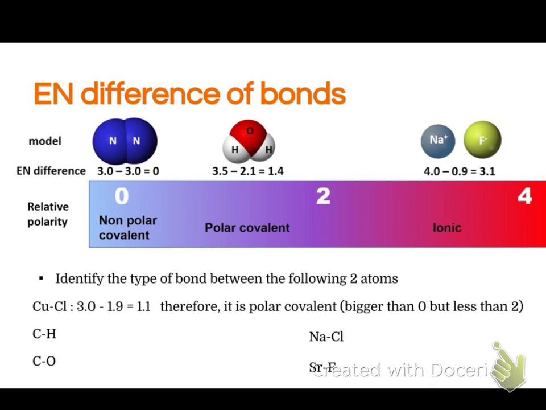Now, the thing about it is it's not a clean cutoff. It's not like at 2 there's suddenly some sort of switch that happens where now it's ionic and it wasn't before. This is a gradient, so you go from being more covalent at 0 to being less covalent the closer you get to 2.